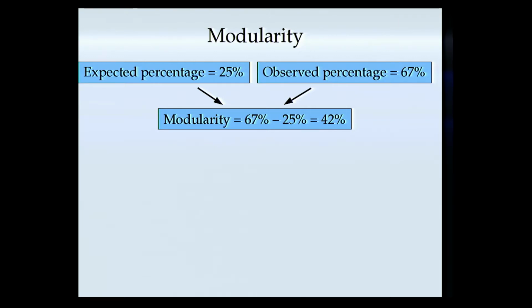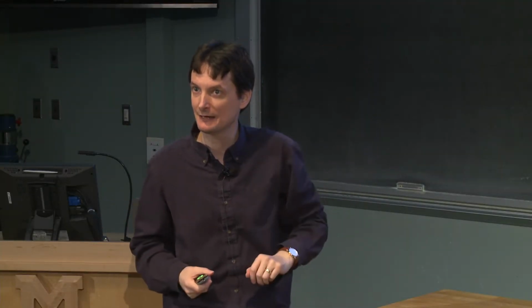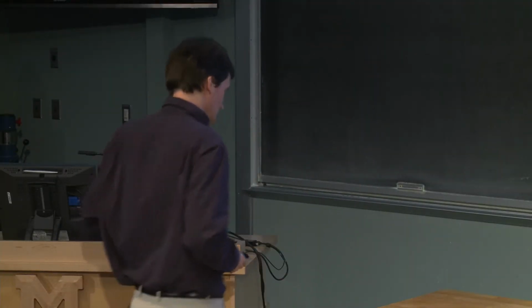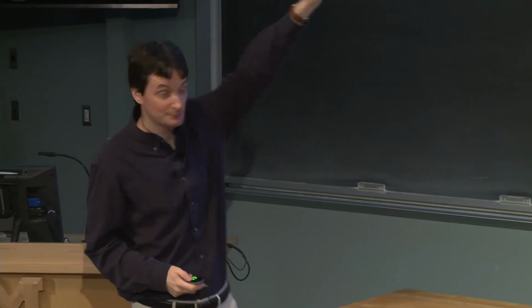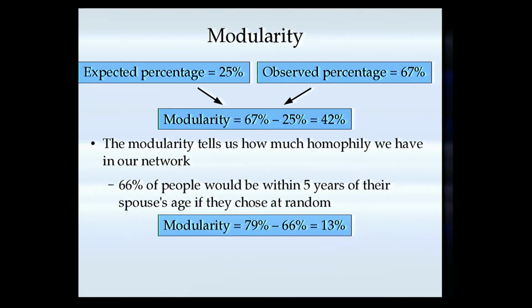But what I actually observed was that it was 67%. So I calculated a number I call the modularity, which is 67% minus 25%, 42%. That's how much more friends I have in my grade than I would expect if I just made my friends at random. Right? So this is the number we call modularity. It's the number we use to characterize how much of this homophily there is in a network.